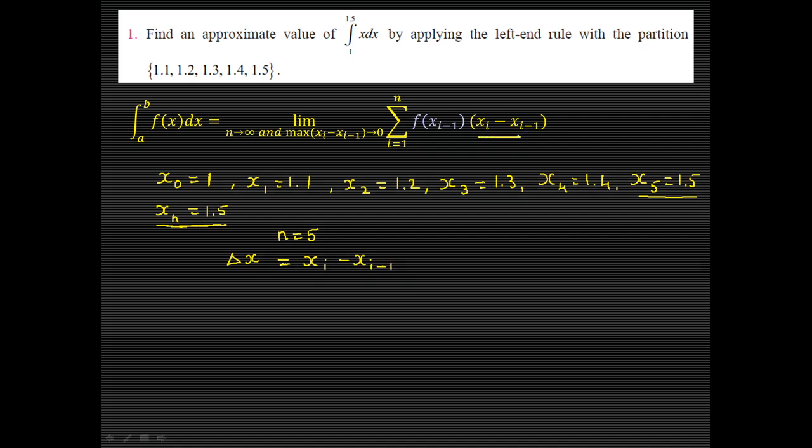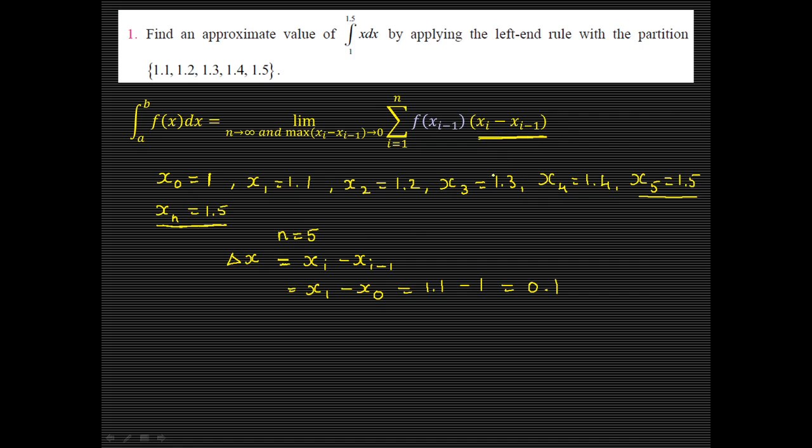I am going to substitute a value for this i. If I put i equal to 1, it is x1 minus x0. What is x1 here? 1.1 minus 1, so that will give you 0.1.